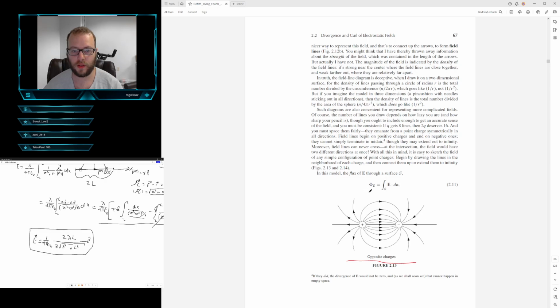And we can determine the flux of E through a surface. That is, how many field lines are going through a particular surface element over an entire surface region. That is the flux.